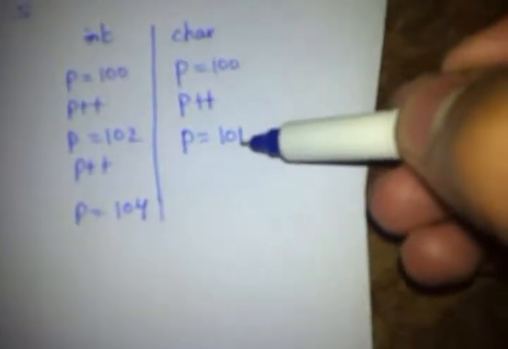Now see the difference. It changed from 100 to 102 for int because the size of the int type variable is 2 bytes minimum. A character type takes only 1 byte for a memory cell. This is 1 byte, this is 1 byte. But in the integer case, this is 2, this is 2.